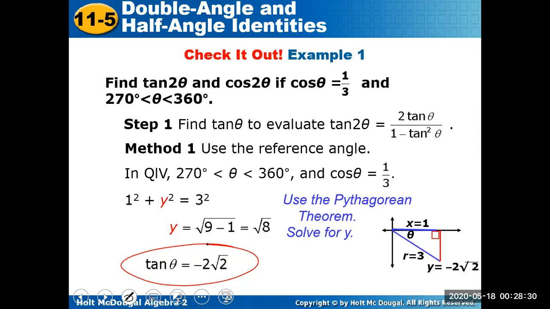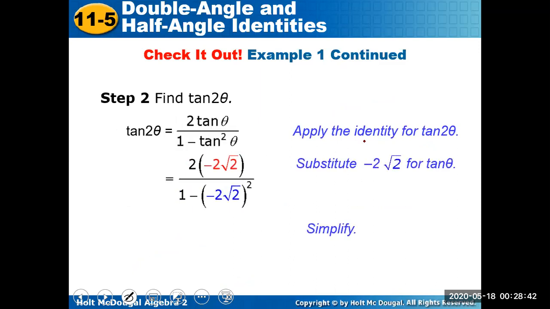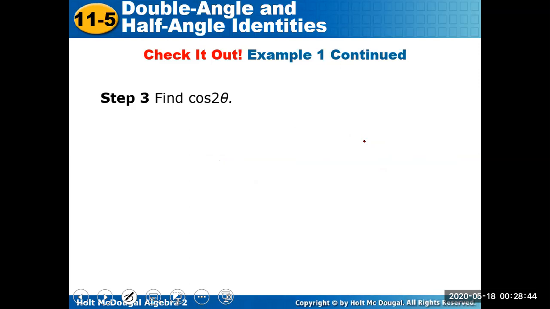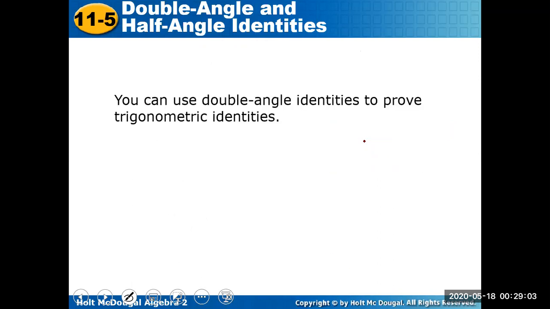Then we can just apply the formula of tan 2 theta, which is 2 tan theta over 1 minus tan square theta, to get the answer, which is 4 root 2 over 7. And same you can do for cosine 2 theta. Apply the formula. For cosine 2 theta, you already have the value of cosine theta, so just substitute the value 1 over 3, and you will get the final answer as minus 7 over 9.